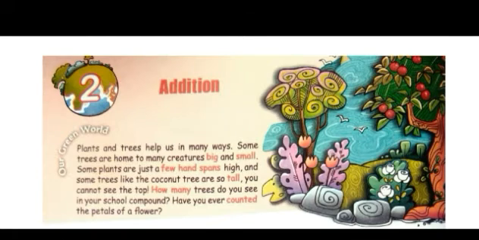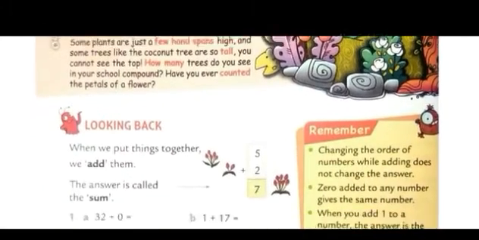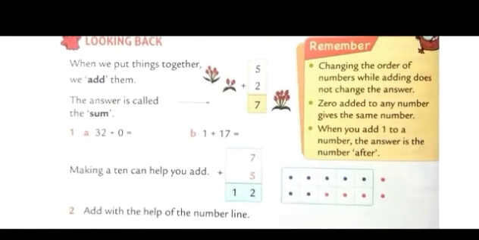So let's begin with the first page. Dear students, before starting with the chapter, I would like all of you to open page number 26 and hold a pencil in your hand.